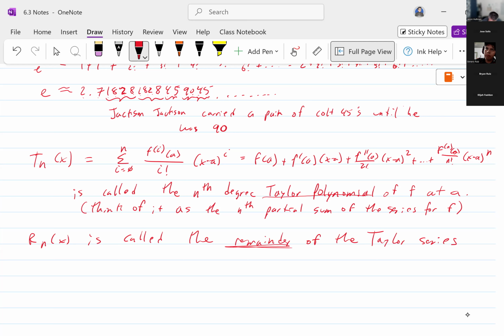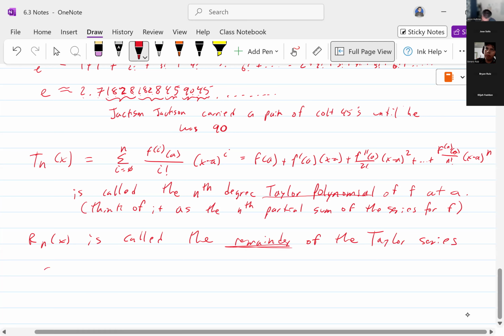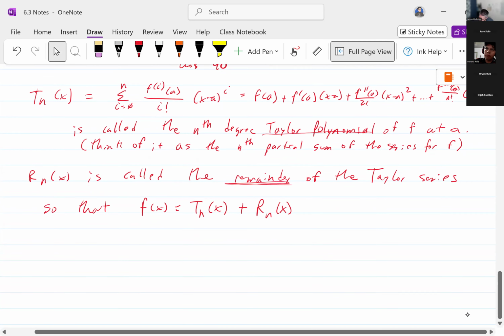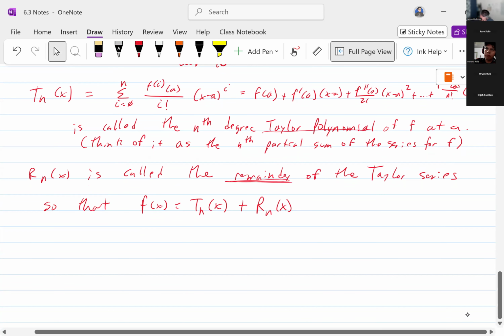So that f of x is equal to the nth Taylor polynomial plus the R sub n of x. Okay, so both of these make up f of x.